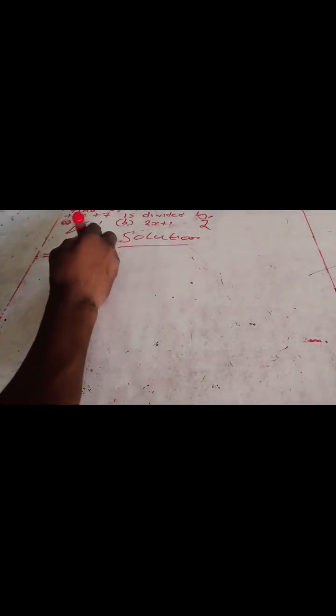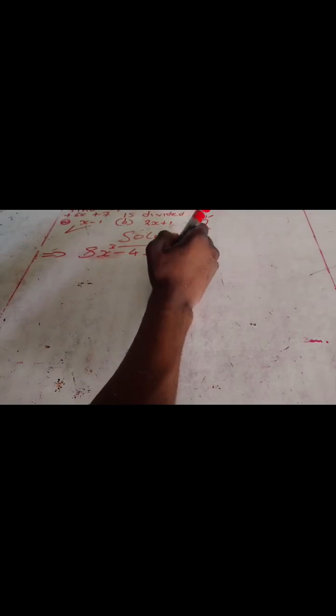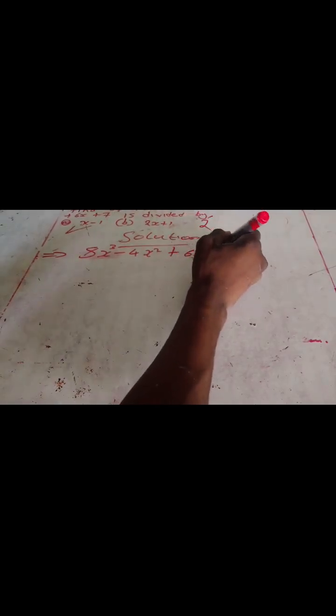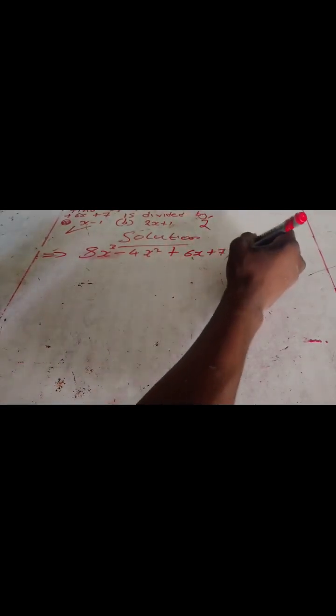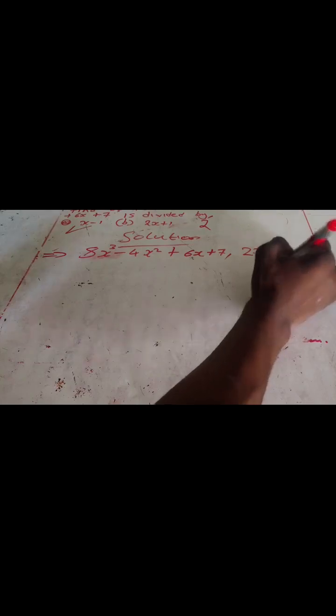Okay, let us first rewrite the polynomial. So the polynomial is 8x cubed minus 4x squared plus 6x plus 7 divided by 2x plus 1. So let's find the remainder.